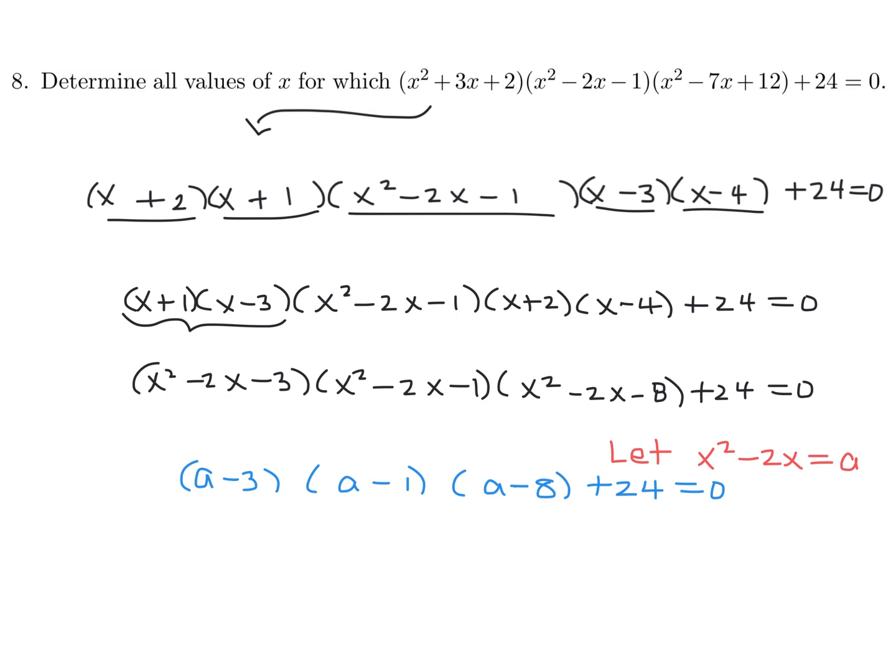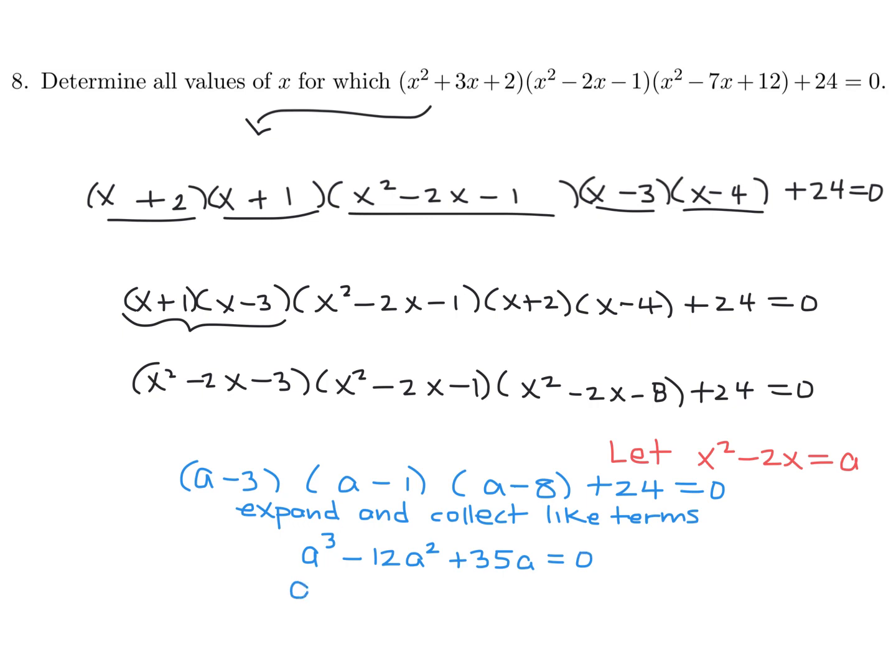And this is definitely something that we can work with. Expand it all and collect like terms. And when you do, you get a to the power of 3 minus 12a squared plus 35a is equal to 0.